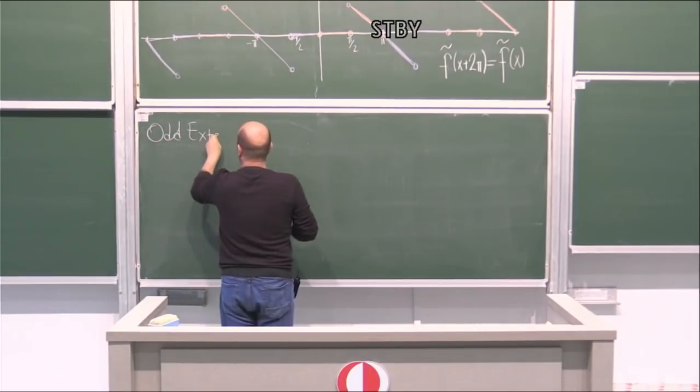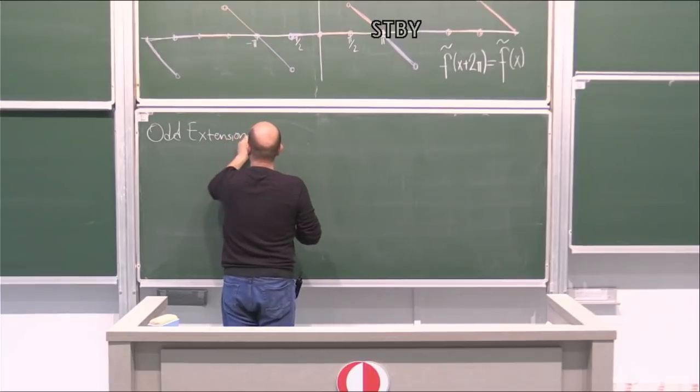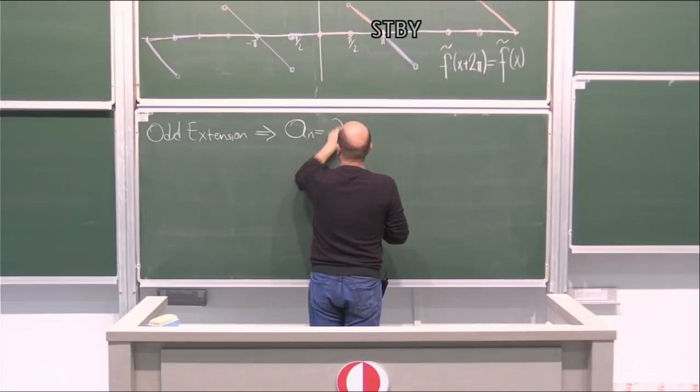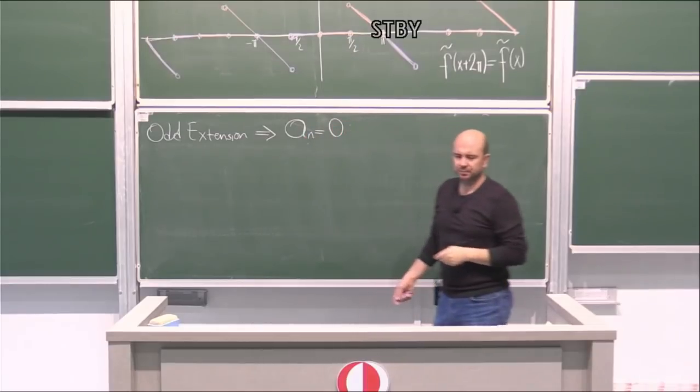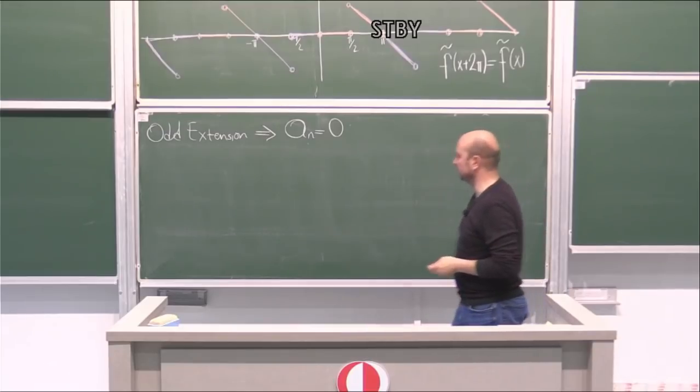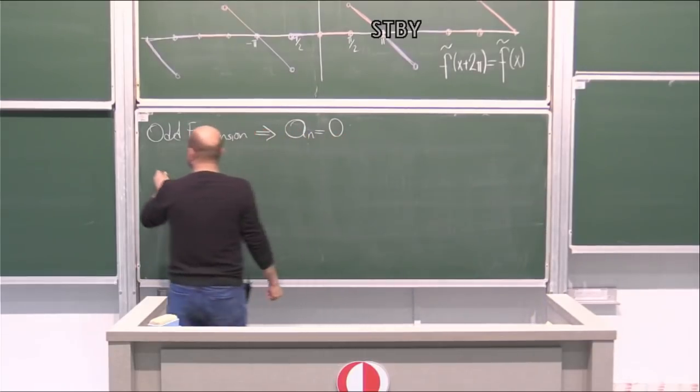So this will imply all the a_n's are 0. So I don't need to compute any a_n's, because even in the question it says you look for a sine series. So how about the b_n's now?